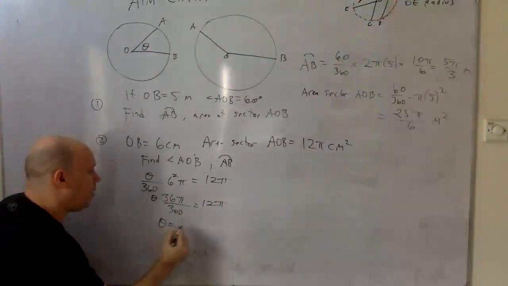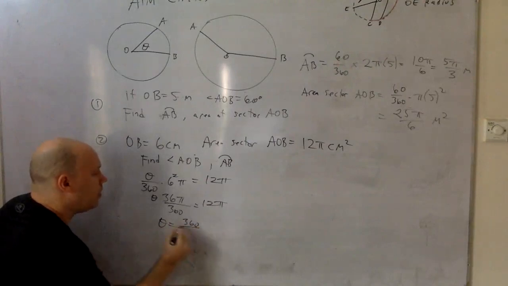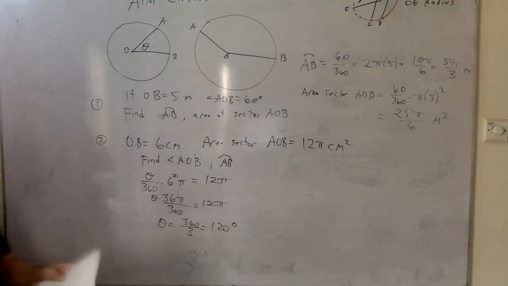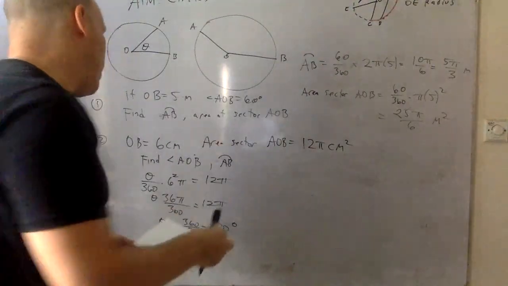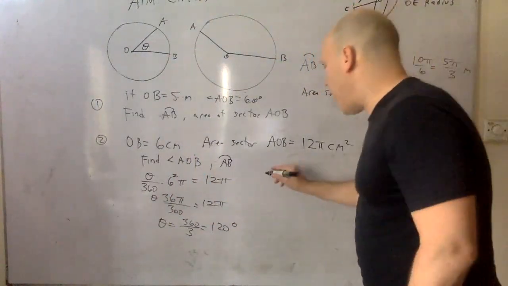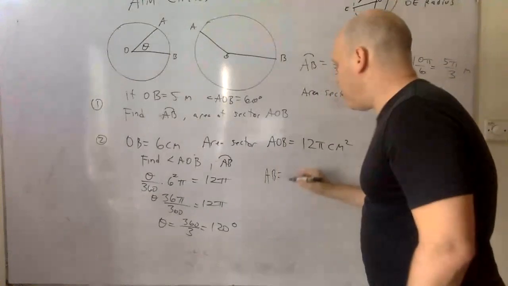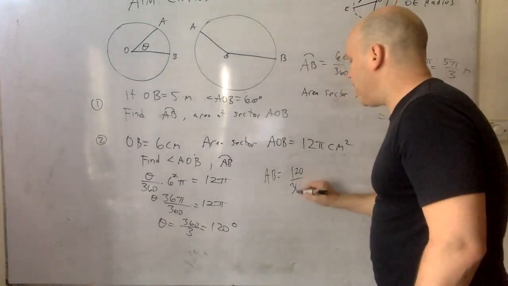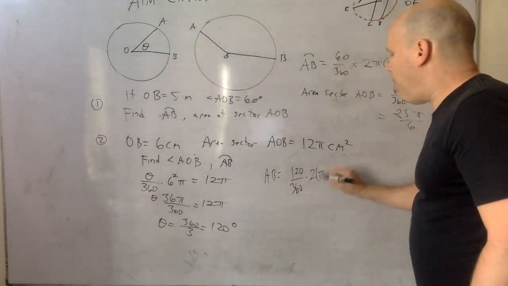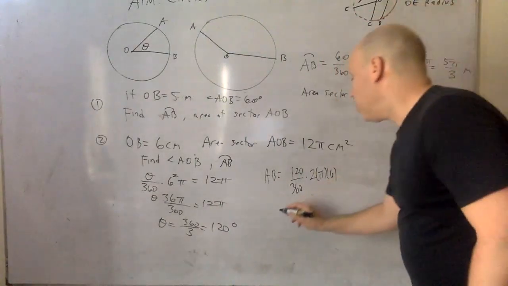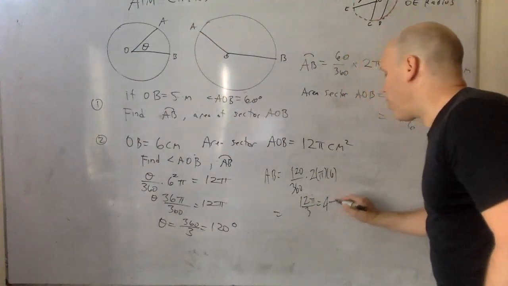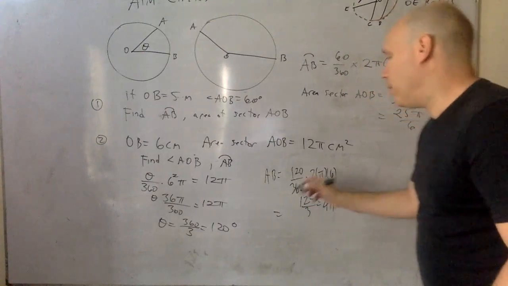And so theta is equal to 360 divided by 3, which is 120 degrees. It's just plugging it into the formula. And then how do we find arc AB? That's no big deal. AB is equal to 120 over 360 times 2 pi r. That's 12 pi over 3, which is 4 pi centimeters.